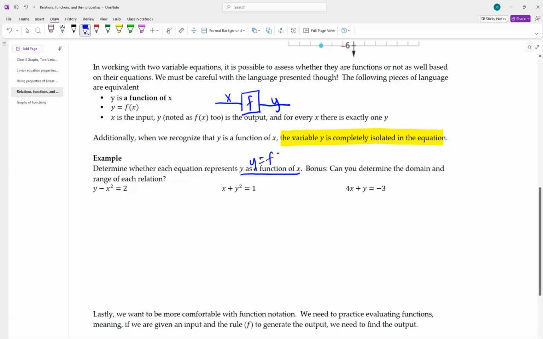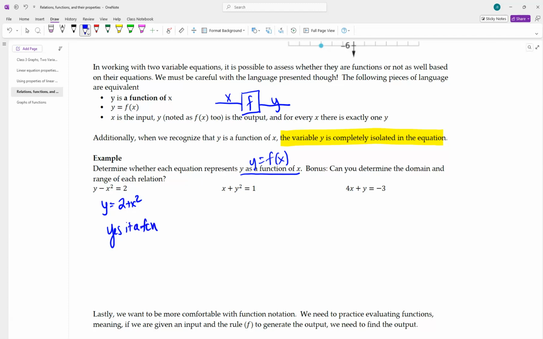That's y equals f of x. Y needs to be isolated, so if I isolate y, 2 plus x squared, right? Here, I have to ask myself, if I give one x value, do I get out one y value? I'm going to say, yes, it is a function.